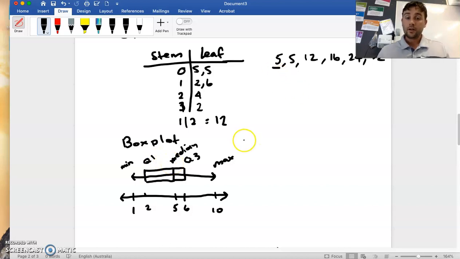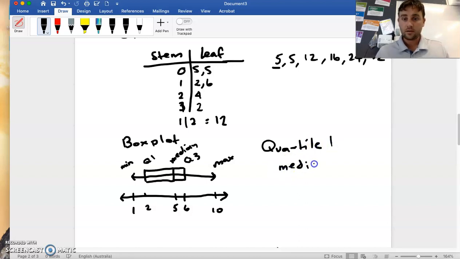All right, so we'll go through this in class, but the quartiles, quartile 1 is the median of all the values in the lower quartile. The median of all the lower quartile values, which is anywhere between the minimum, okay, to the median.